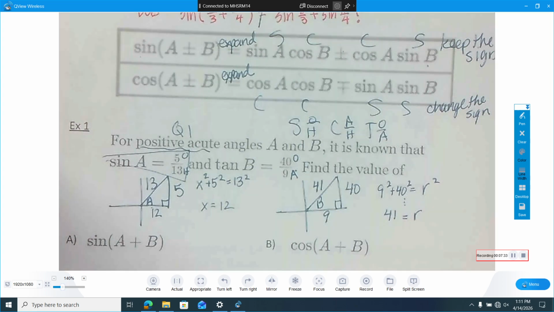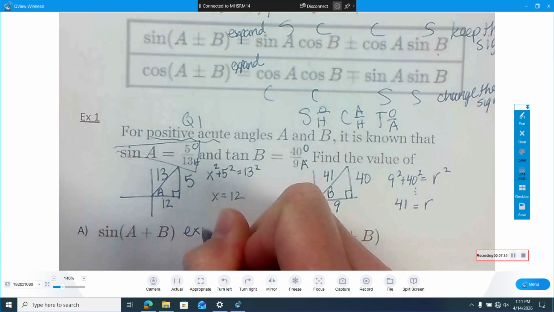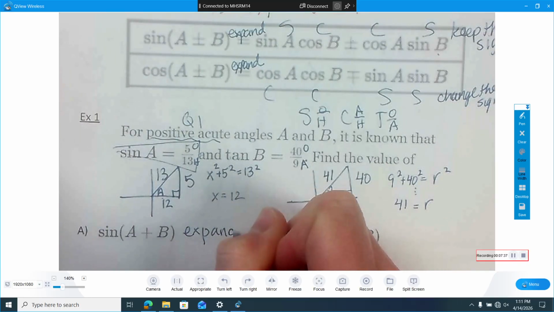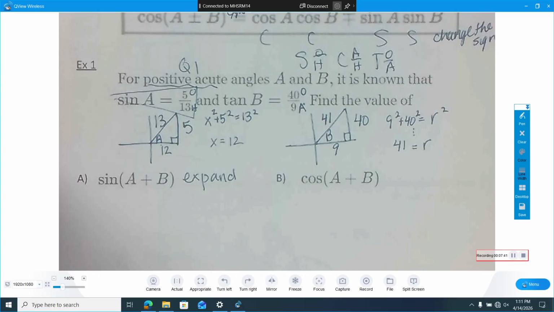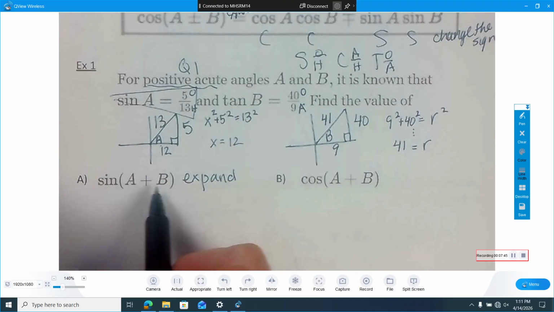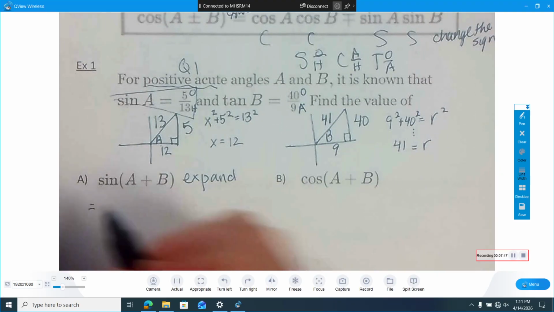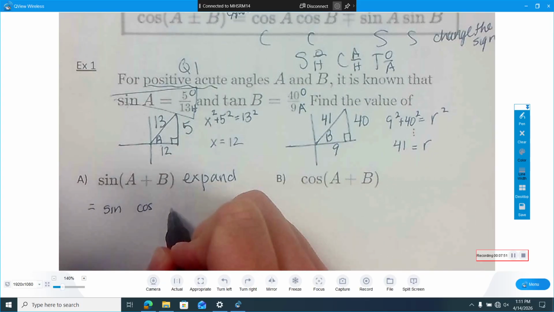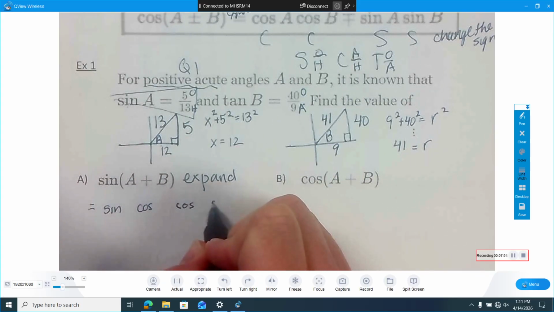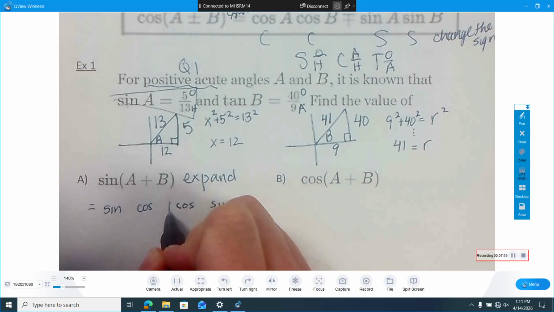So now that we have some pictures, now I want to expand my sum here because I can't just add A and B together. I don't know what that is. What is the expansion for sine? Sine, cosine, cosine, sine, keep the sine.